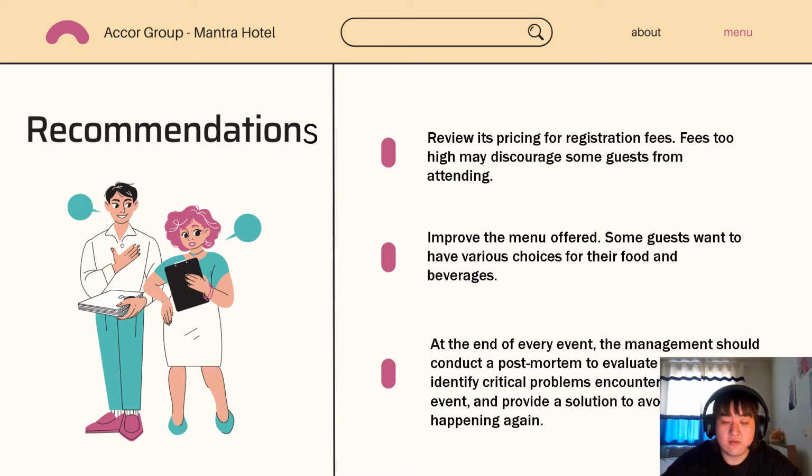Lastly, at the end of every event, the management should conduct a post-mortem to evaluate its performance, identify critical problems encountered during the event, and provide a solution to avoid them from happening again.